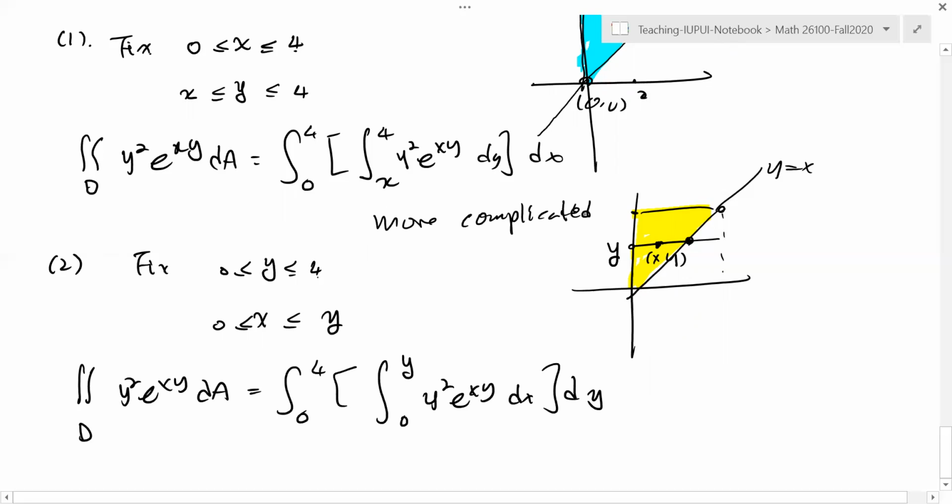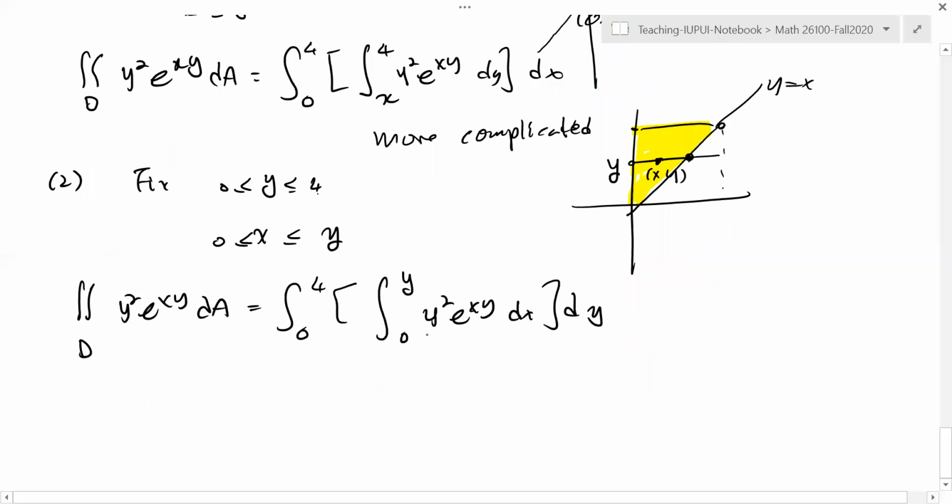At the starting point, okay? So if you consider this integral, it'll be easier, much easier. So that's why I use this integral. The antiderivative of y squared e to the xy, if y is a constant, is y e to the xy, because when you differentiate with respect to x, you get y squared e to the xy times 1.